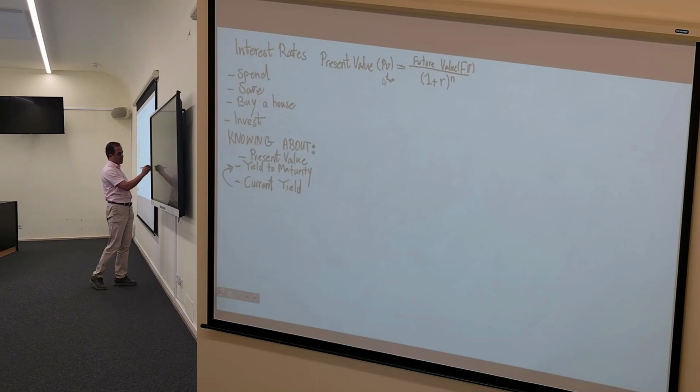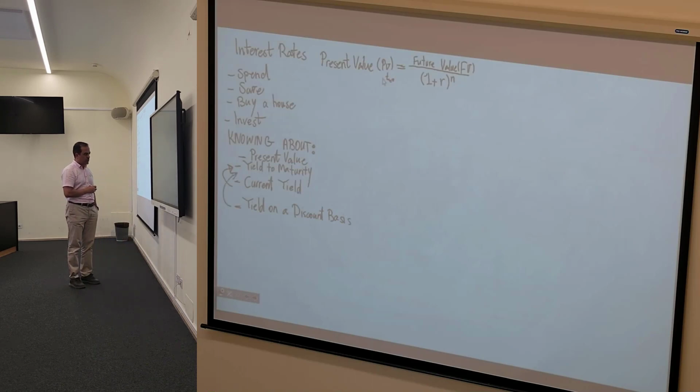We can also have the yield on discount basis, which is also an approximation for the yield to maturity.